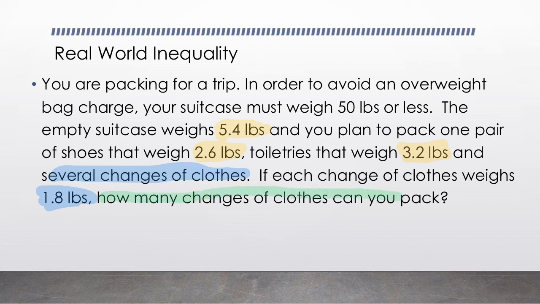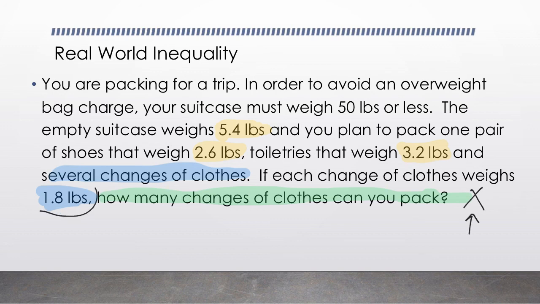So this right here is my variable. So what letter do we want to use for it? I'm going to use our good old-fashioned X. I like X. So let's talk about this. Which things have to do with how many sets of clothes I can pack?